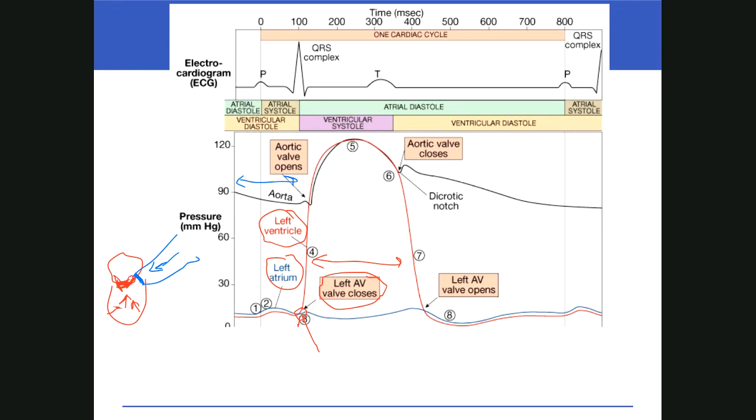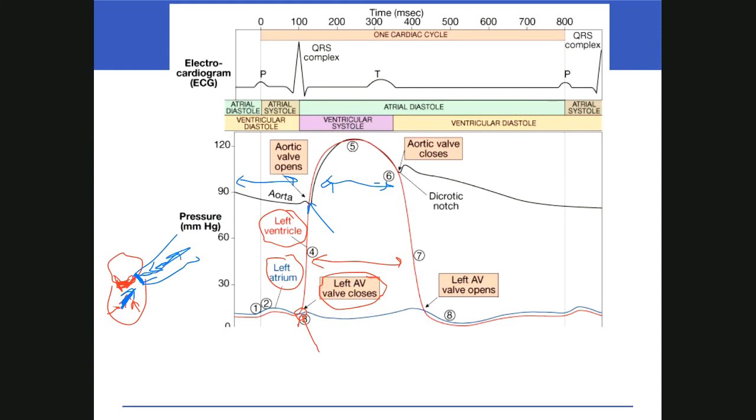But when I get right there, look, now the red line is higher than the black one, and that's all the way from here to over here. So in other words, the pressure in here has gotten so high that this valve opens and blood is going to leave.